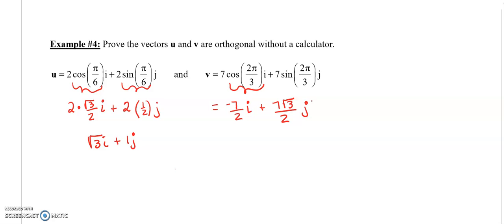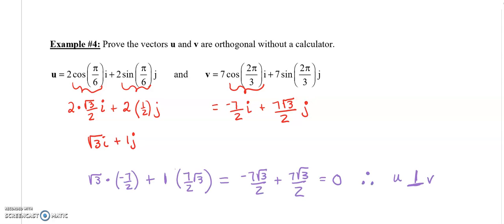So I'd like you to take a moment and go ahead and find the dot product between u and v. Okay, you can see my work over there in purple, and you can see that I have the dot product equaling 0. Therefore, vector u is perpendicular to vector v. There's more than one way to do this. We could take those angles and find the difference between the two and determine that that is 90 degrees. Let's move on to example 5.